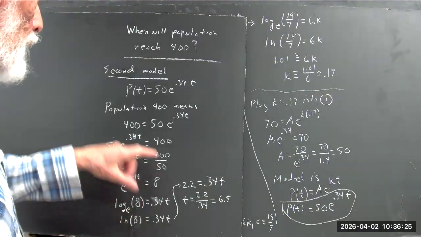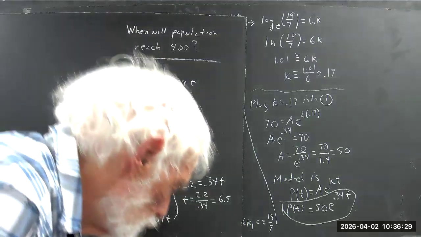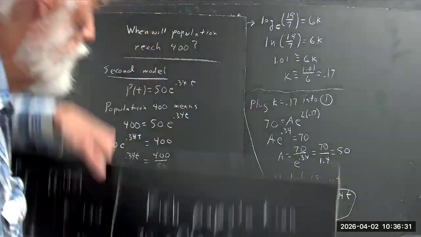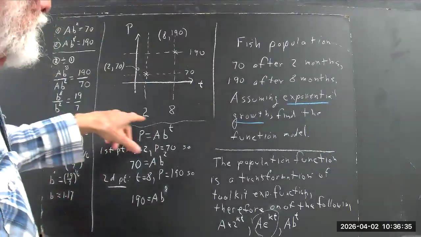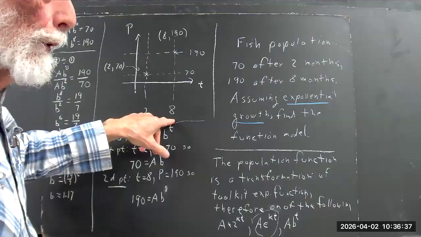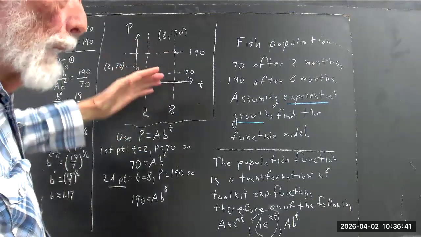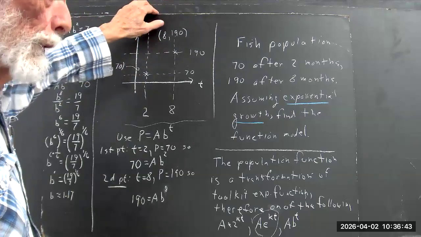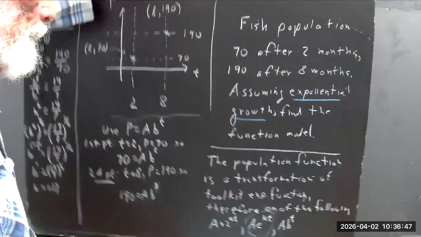We find that the population should be 400 when t equals 6.5. And if we look at our graph or at our data, we find that when t equals 8, which is more than 6.5, the population is only 190, and the population is clearly increasing. So that was obviously a wrong solution.